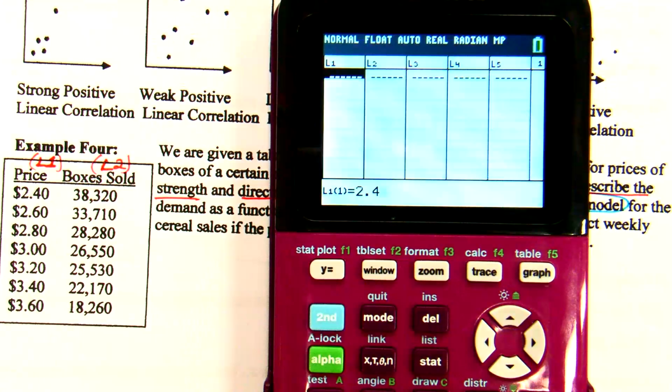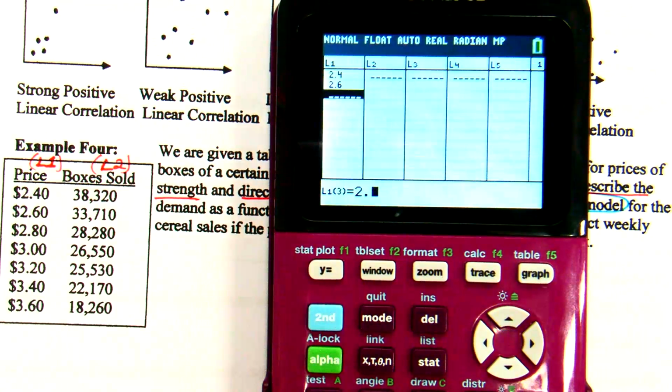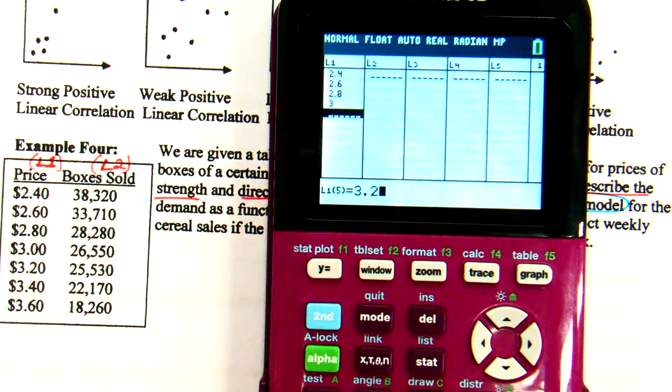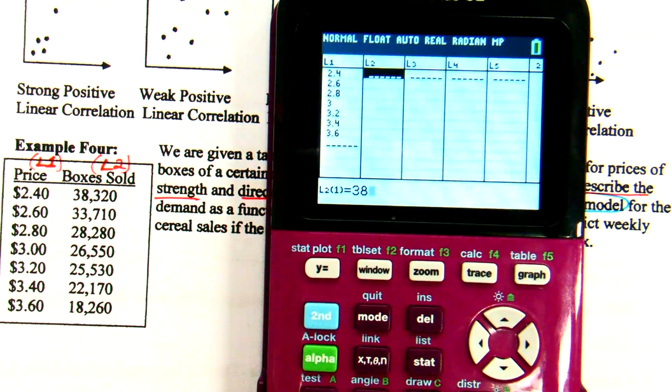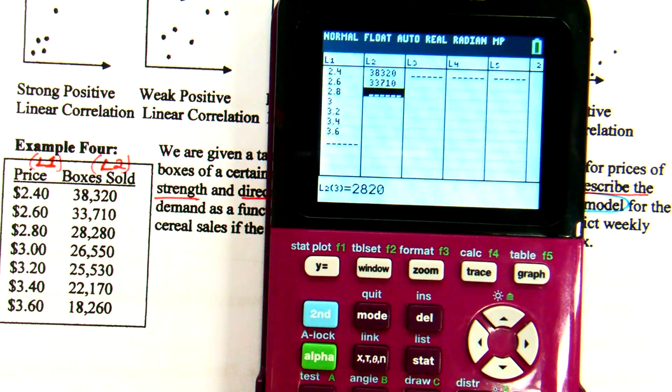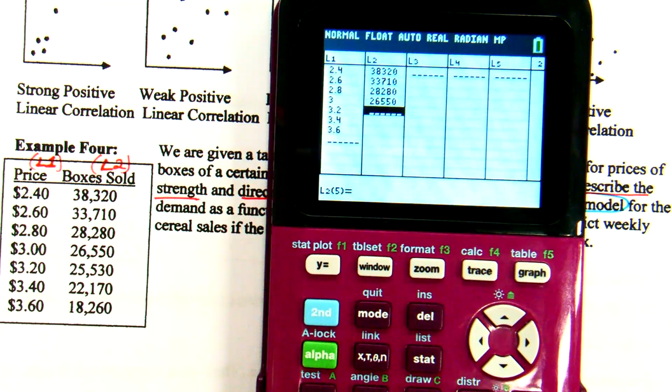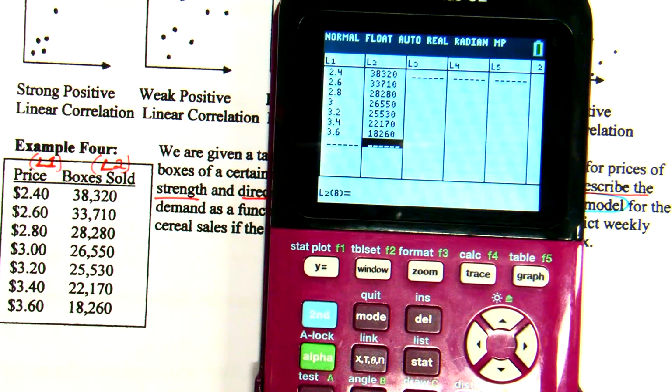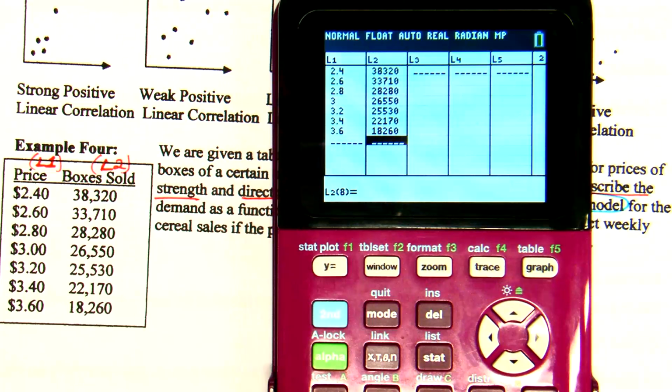So work on getting your numbers in, please. Double check yourself, make sure you enter them all correctly.